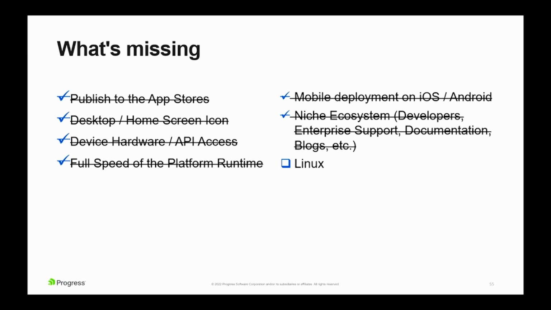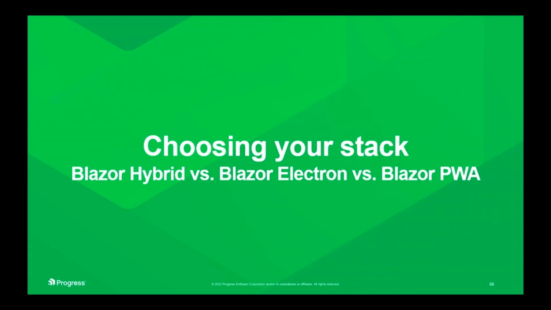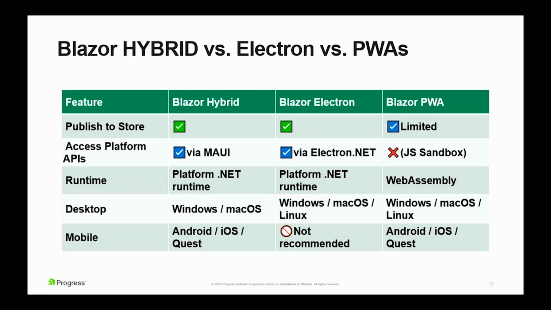So we get pretty much everything that we need from MAUI. The only thing that we don't have yet is Linux. It's something that's being worked on. I think there's a community version of that out there. So if we're going to compare these together, there's the ability to publish on the store to all these. PWAs are somewhat limited. We have access to platform APIs, except with PWAs, we have to go through JavaScript to do that, and it's in a JavaScript sandbox.